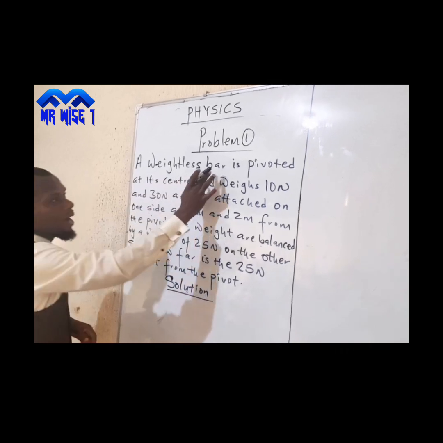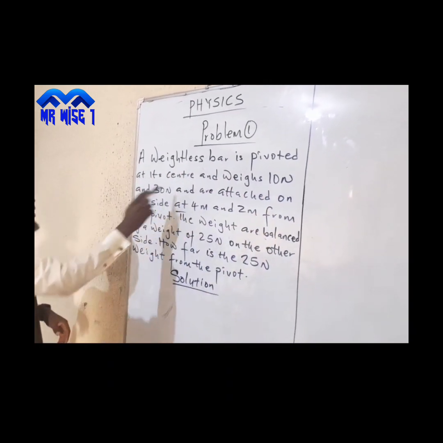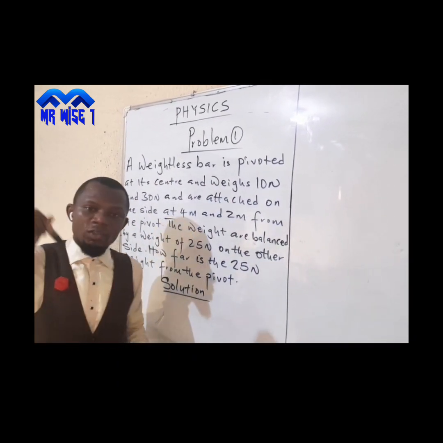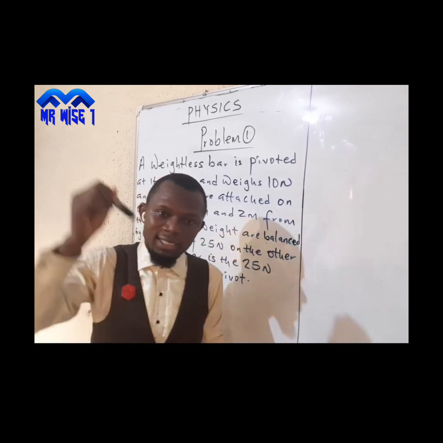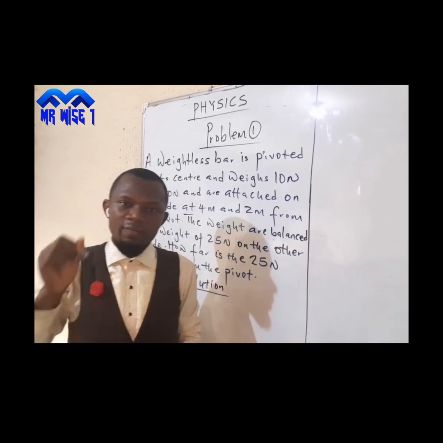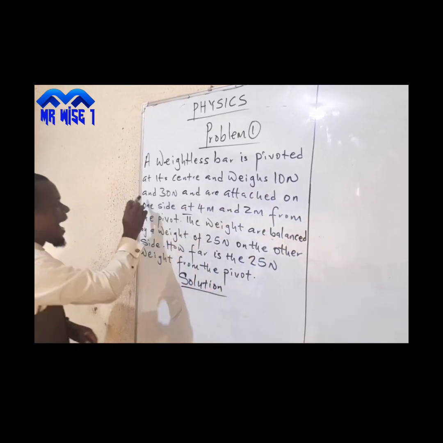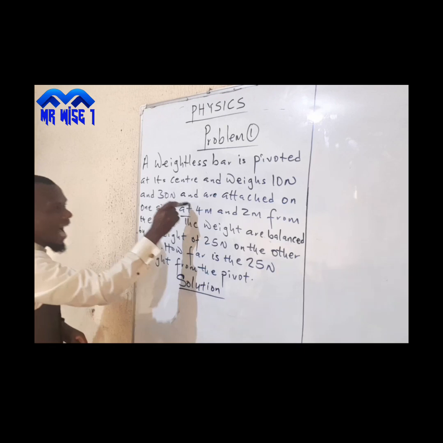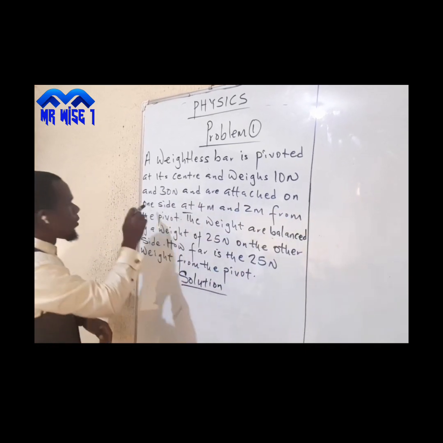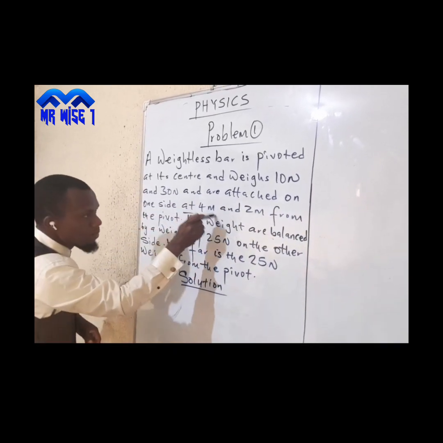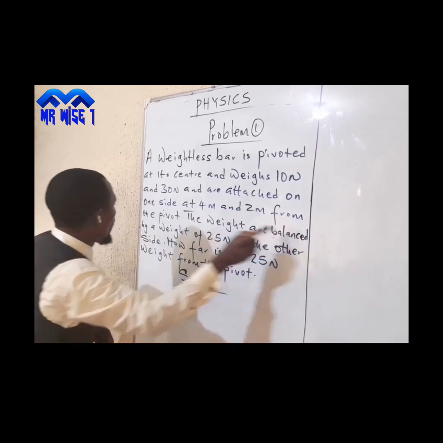A weightless bar is pivoted at its center. That means the bar is pivoted at its center. That word simply means the fulcrum. Weights of 10 Newton and 30 Newton are attached on one side at 4 meter and 2 meter from the pivot.